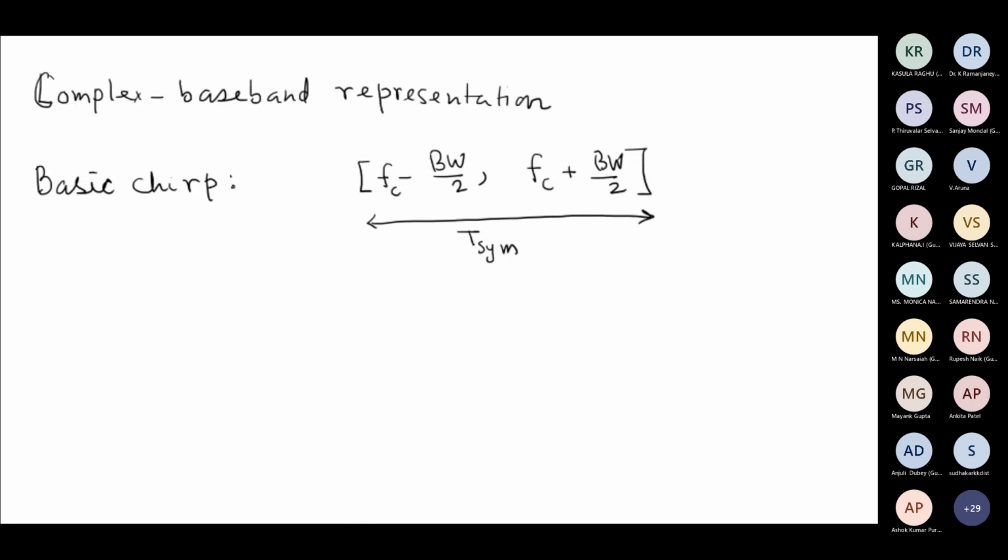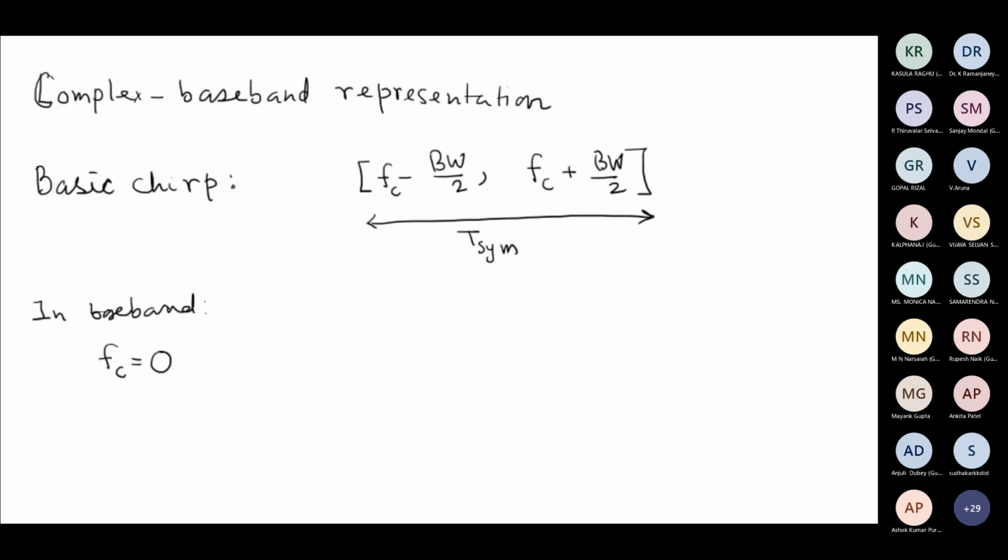Now this basic chirp, if we consider it in the baseband, then we will have to make the value of fc equal to 0. Then the basic chirp is dragged all the way down to the baseband.